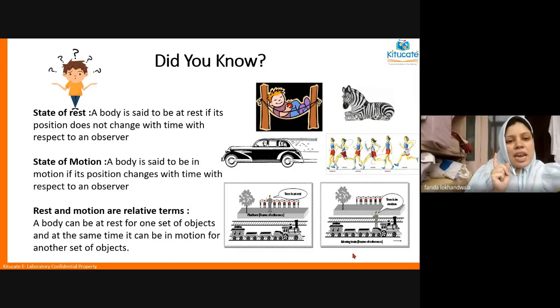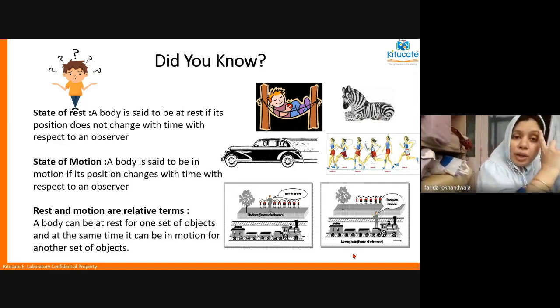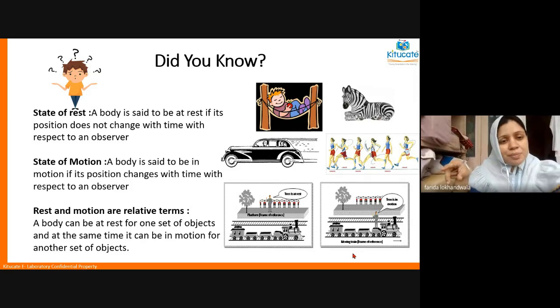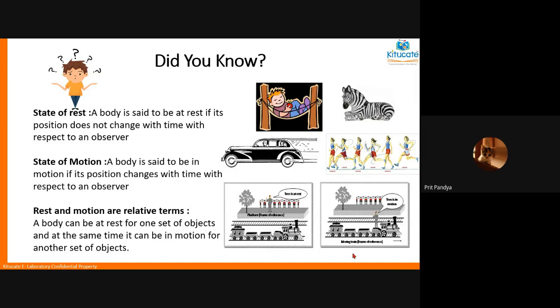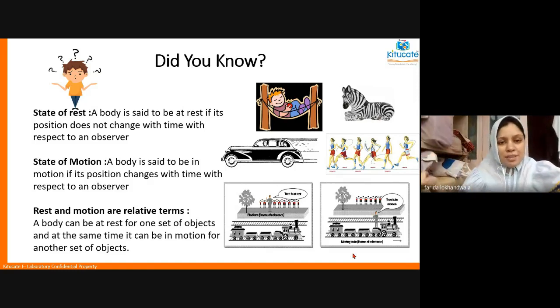Now it's Adya's turn. Adya is seeing the giraffe and the boy. But what did she see? She saw that the giraffe started to move and run, and the boy now blinked his eyes. Now were both of them in a state of rest? No. So the state of rest and the state of motion change because I saw something else and Adya saw something else.